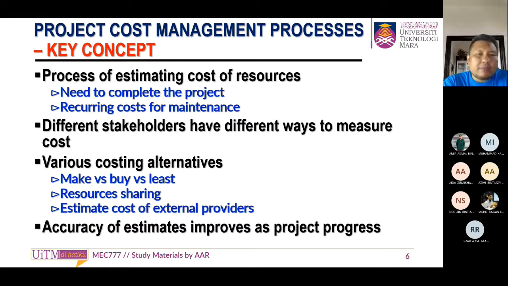In your department, maybe you can pick up one person from business, accounting or finance, one of the staff from finance, to help you complete the project in terms of project cost. This is called resource sharing. Through resource sharing, we can reduce our cost.